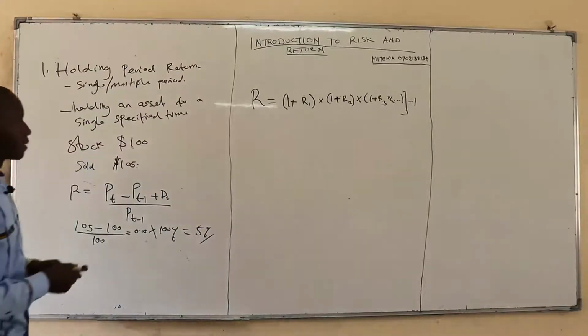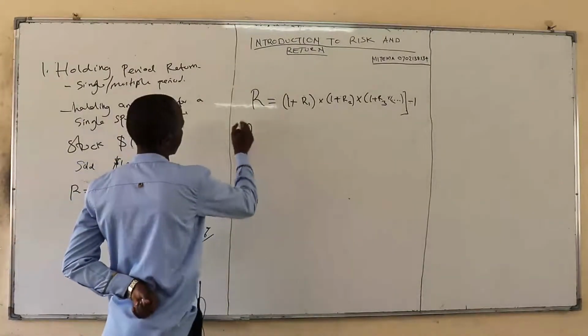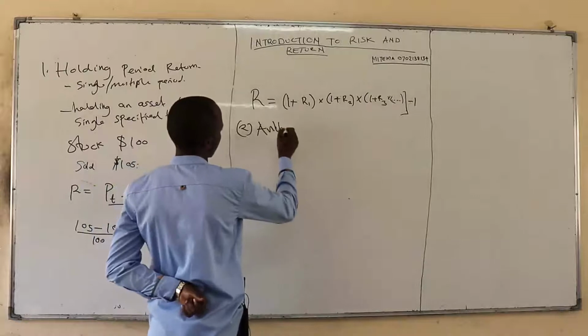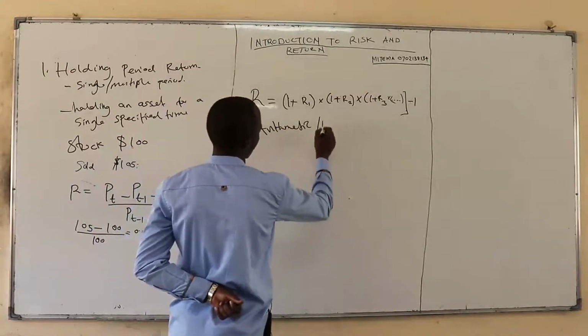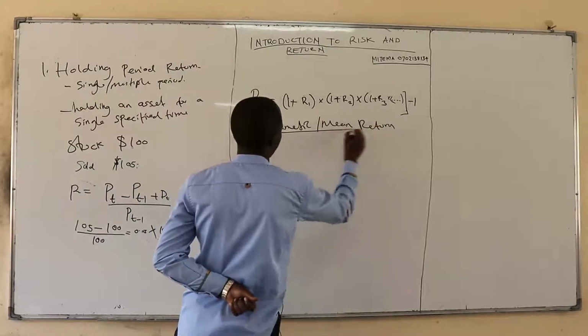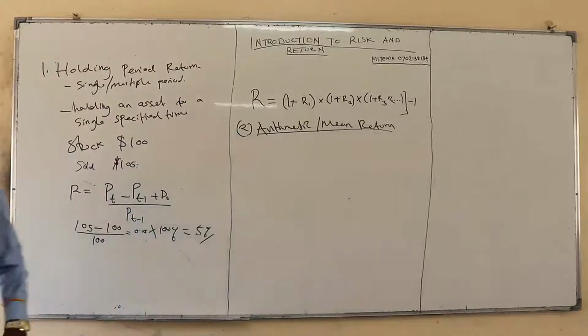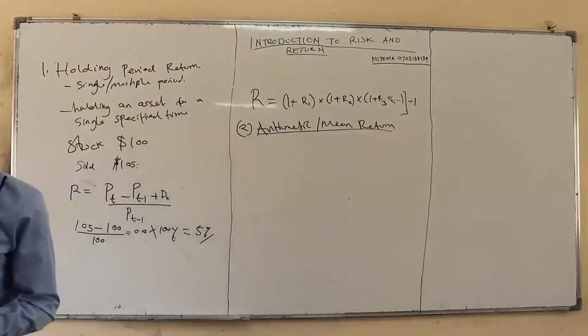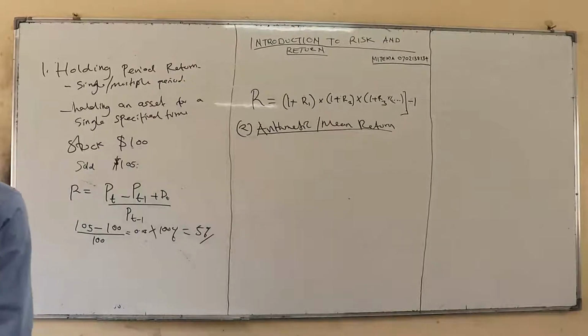So number 2, arithmetic or mean return. The arithmetic mean return is used to calculate the return in a period, and you divide that by the total number of periods.